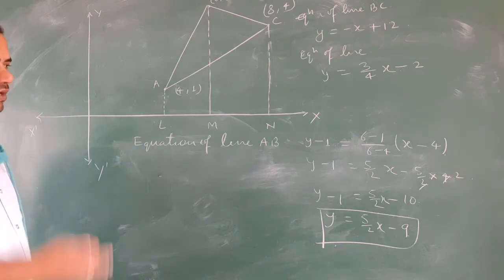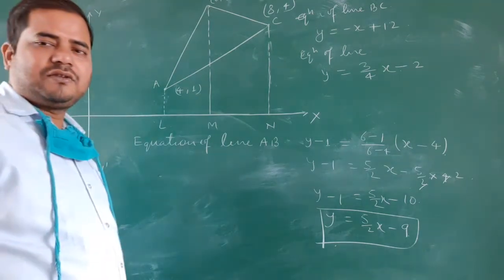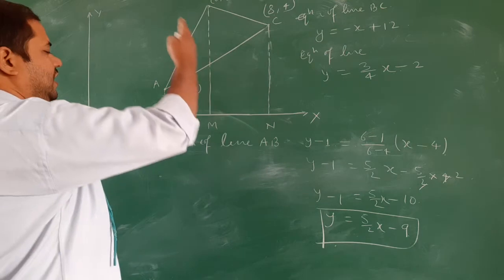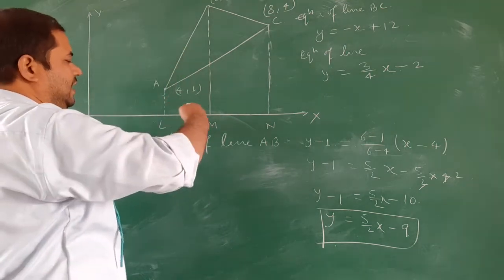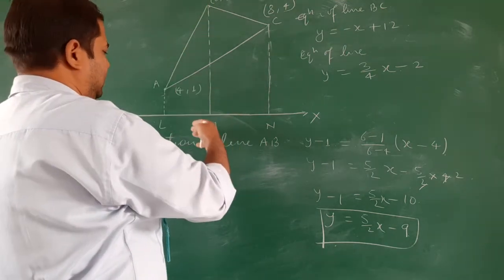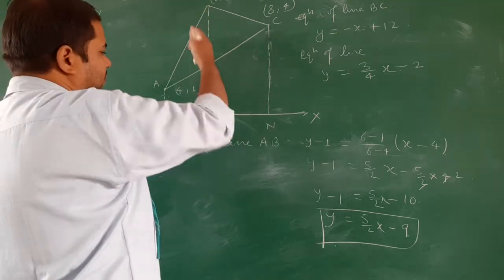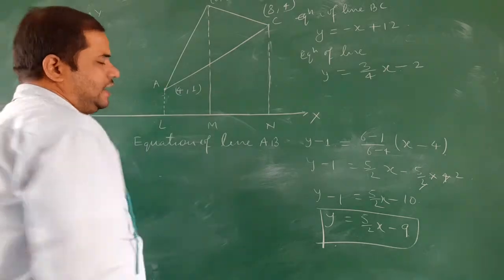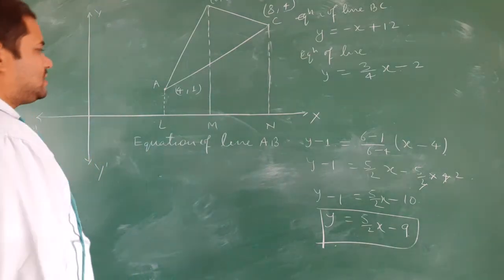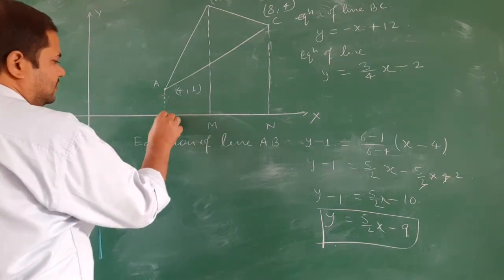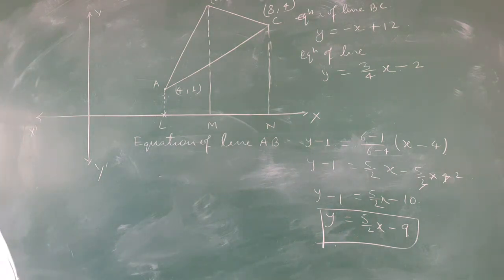So whatever we wrote in equation 1, that means the areas of ALMB and MNCB, we find. And what is the limit? The main important thing is the limit.